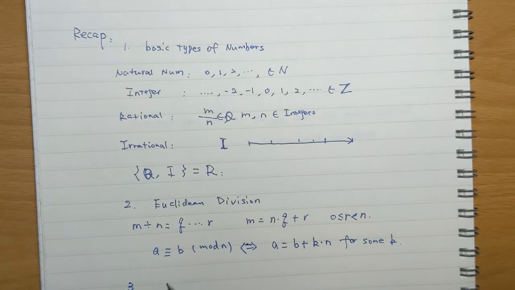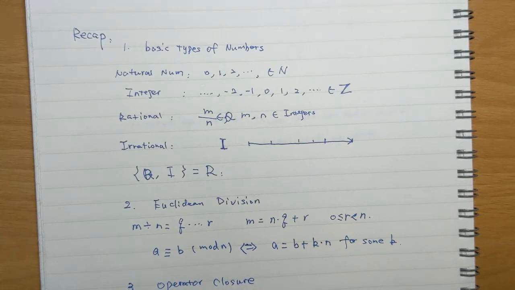The third thing we learned is the operator closure. That is, I give you a set S and I give you an operator delta.